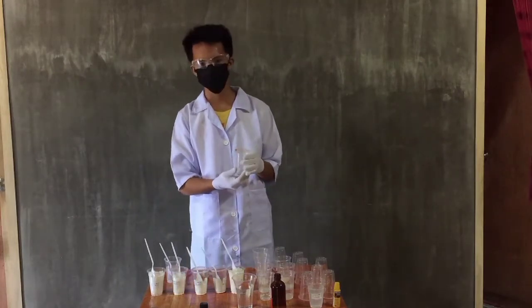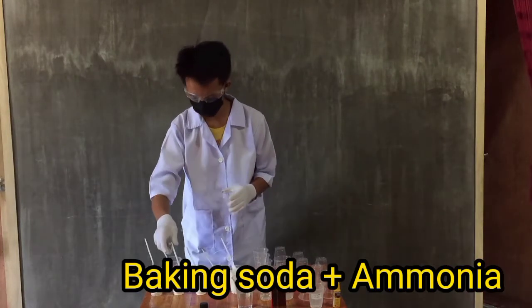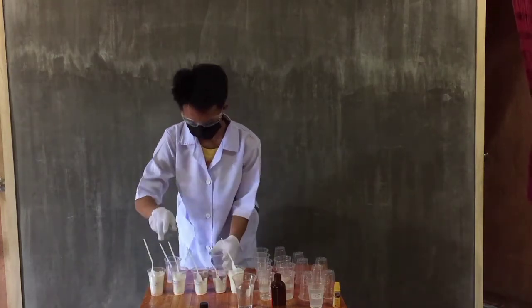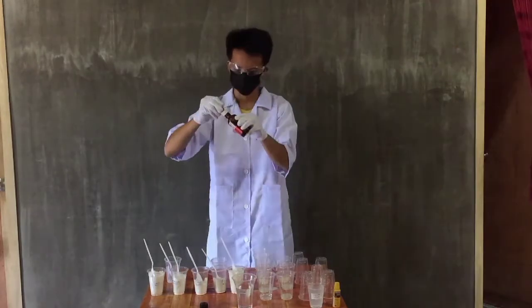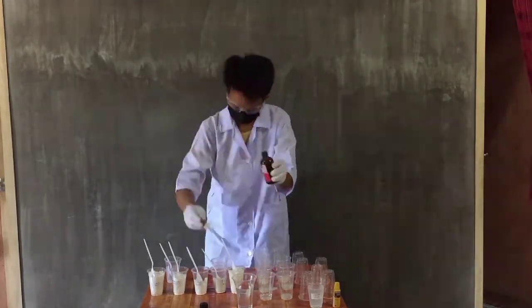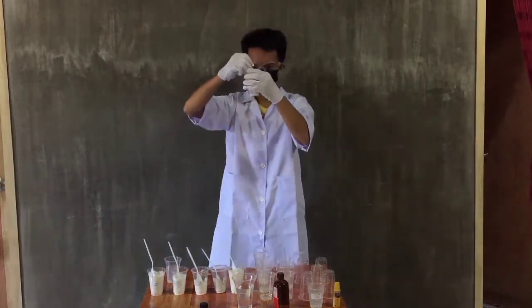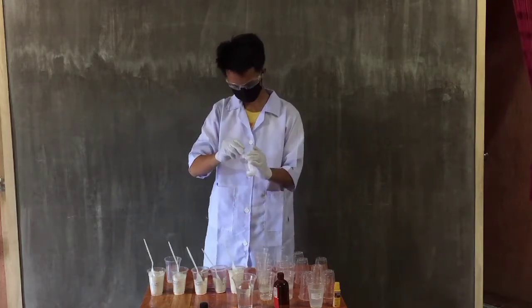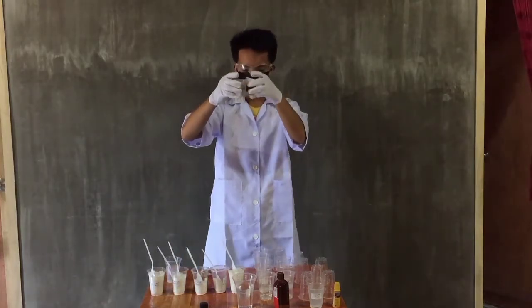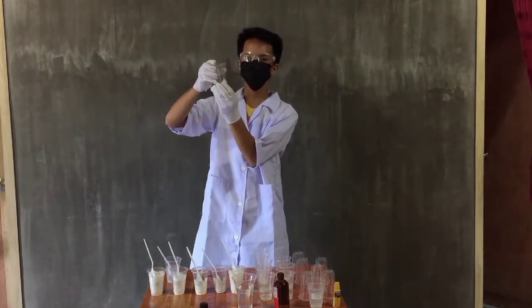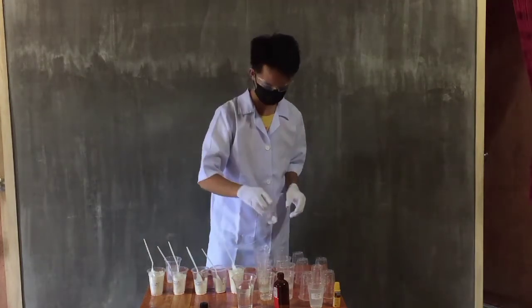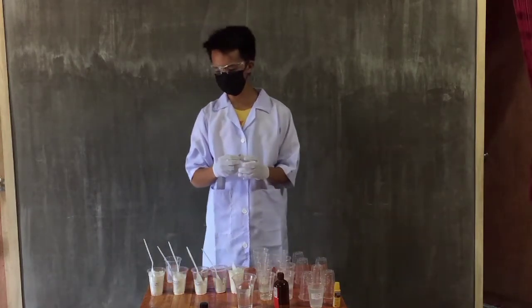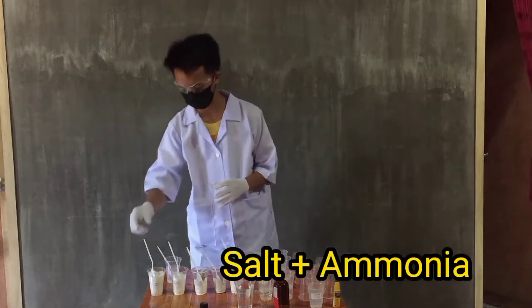And now let's witness the mixture of baking soda and ammonia. In this mixture, ammonia and baking soda, the baking soda becomes a solid one. The next mixture is the salt and the ammonia.